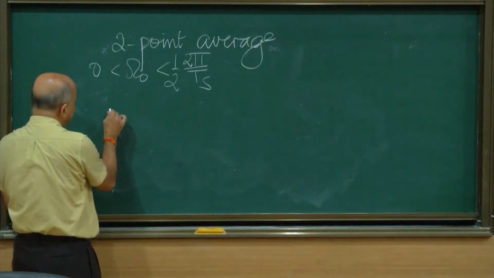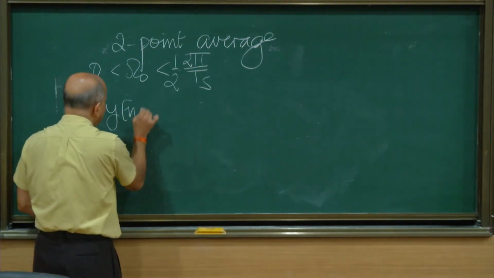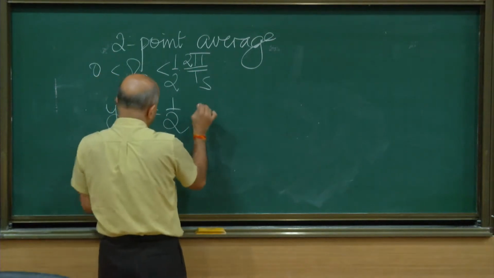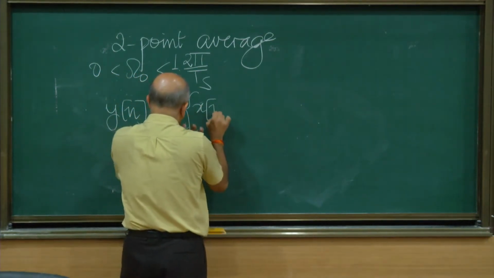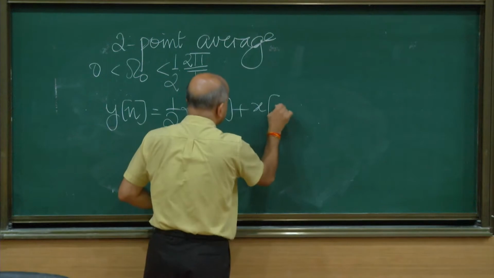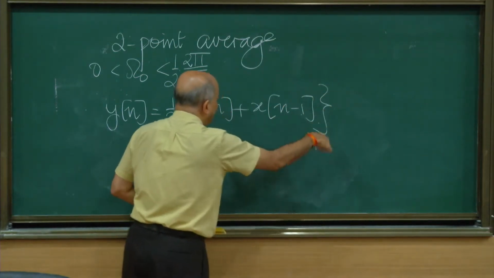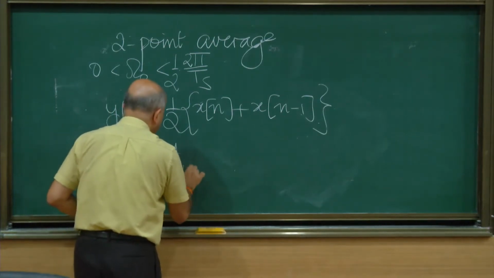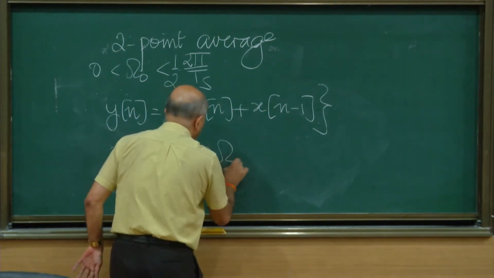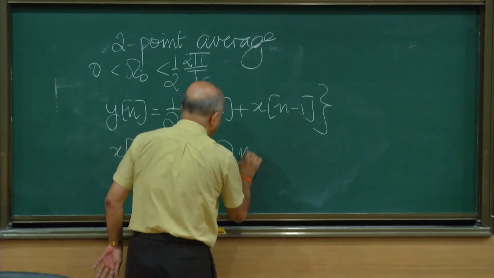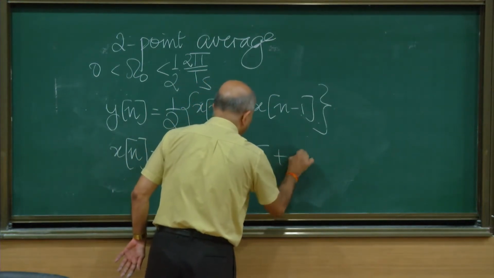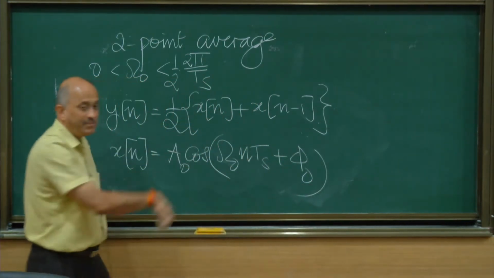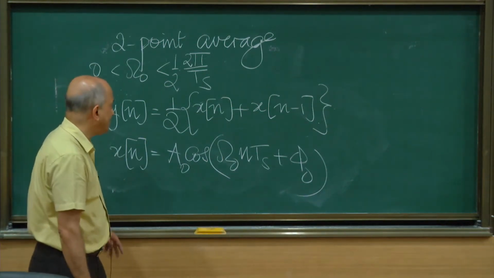So you have y of n is half of x of n plus x of n minus 1, and you have given the sequence x of n equals A naught cos of omega naught n Ts plus phi naught.